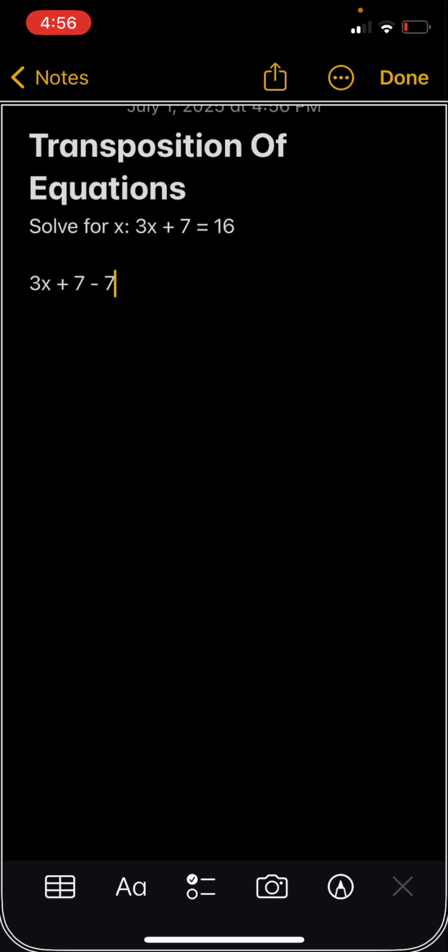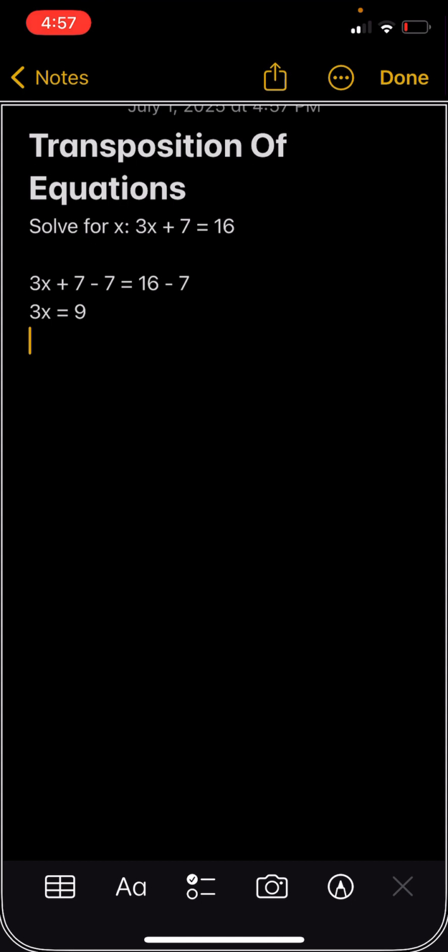So 3x plus 7 minus 7 is equal to 16 minus 7. Simplifying, the 7s disappear, and when we subtract 7 from 16, we get 9. So we get 3x is equal to 9.